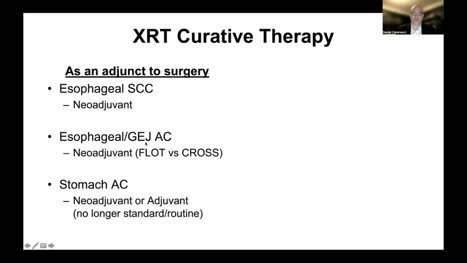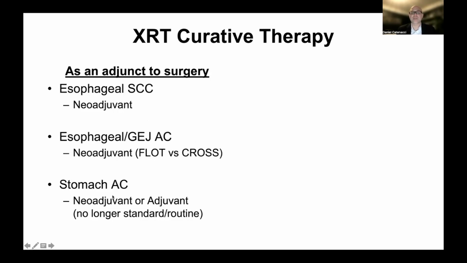And when we get to the video on perioperative therapy, you will hear my thoughts in terms of using perioperative chemotherapy alone without radiation versus neoadjuvant chemoradiotherapy and the pros and cons of each. But for now, you should know that radiation can be used neoadjuvantly, certainly for squamous cell esophagus, and is an option at the moment for adenocarcinomas.